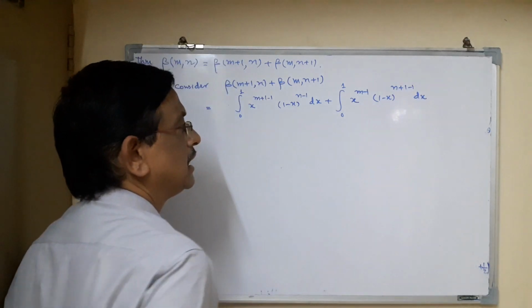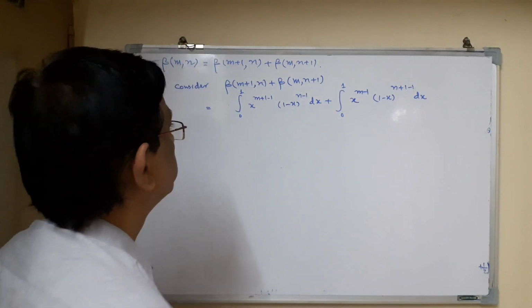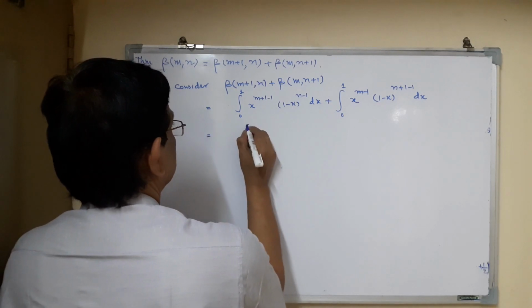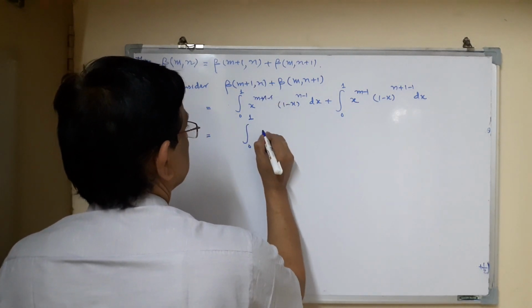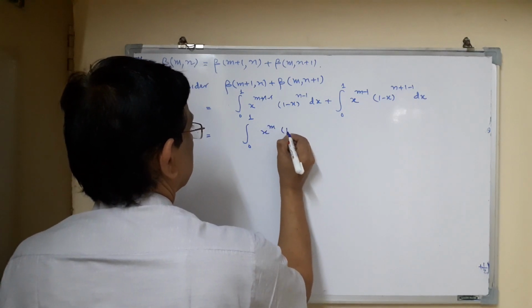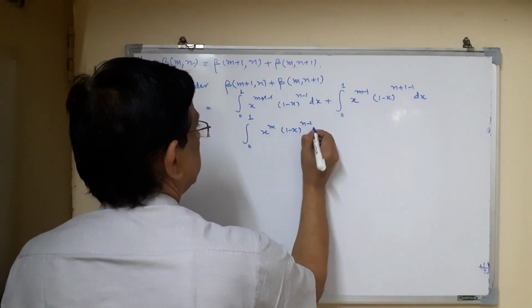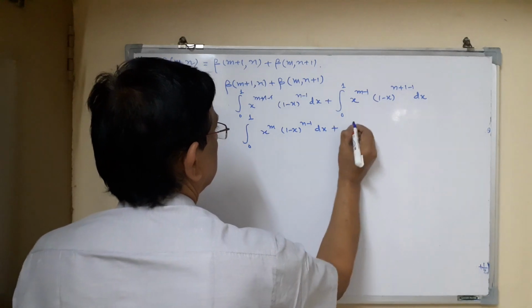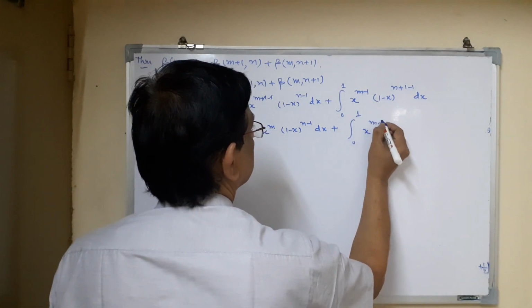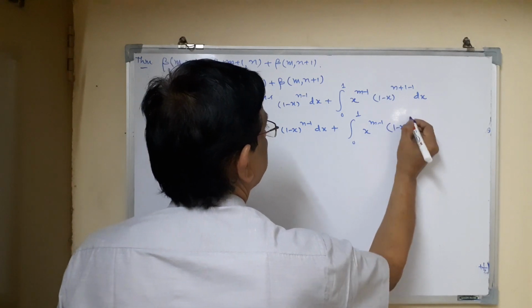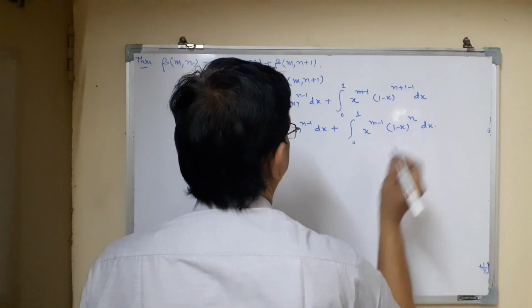This is the formula that I am using. This is equal to integral 0 to 1 x power m, 1 minus x power n minus 1 dx plus integral 0 to 1 x power m minus 1, 1 minus x power n dx.